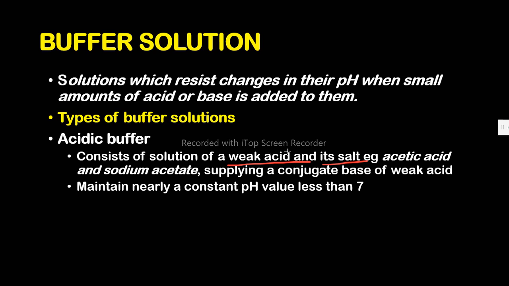You have a weak acid. Think of weak acids. You can have carbonic acid, it's a weak acid. As you can think of acetic acid, it is also a weak acid.